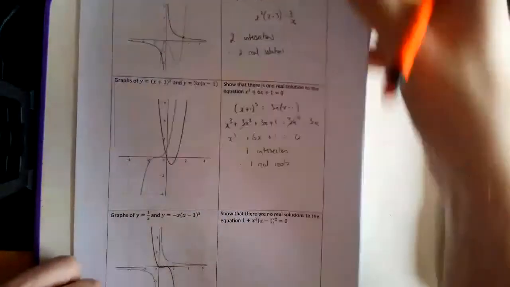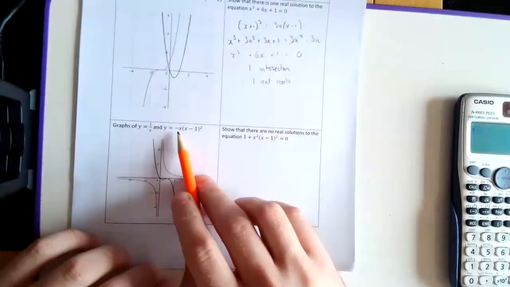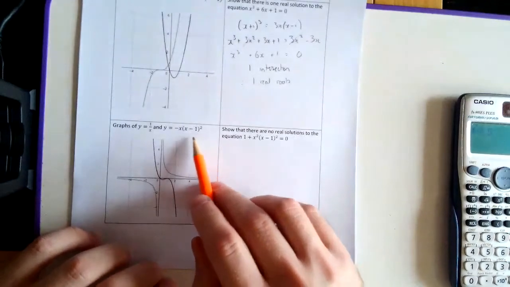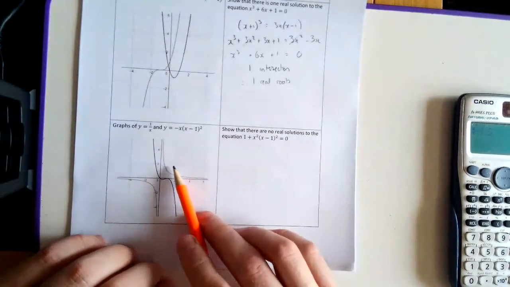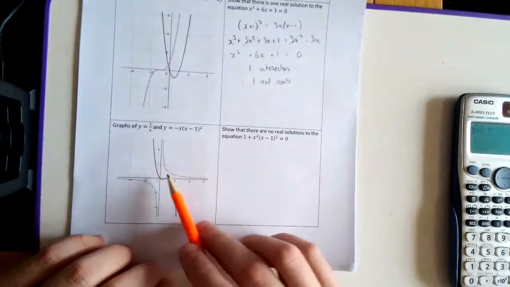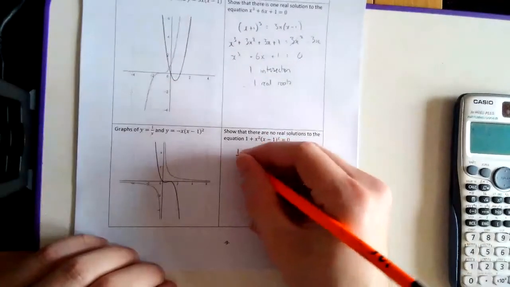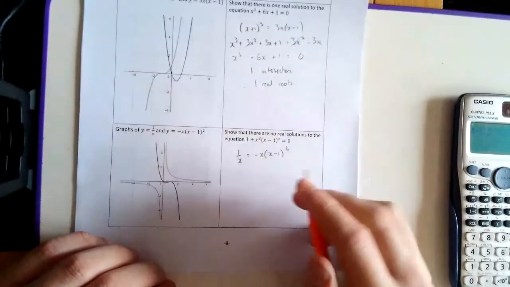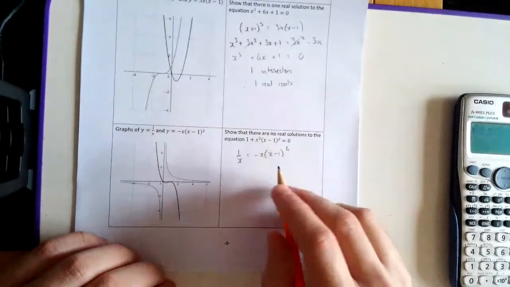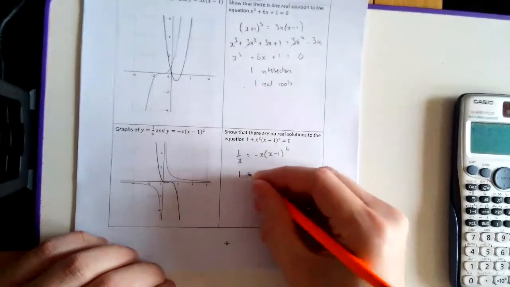And last one, 1 over x, and this, minus x minus 1 squared. Show that there's no real solutions to this. Well, again, looking at the graph, I can't see any intersections. So if I make them equal, and hopefully do a bit of rearranging to get this. So times both sides by x.